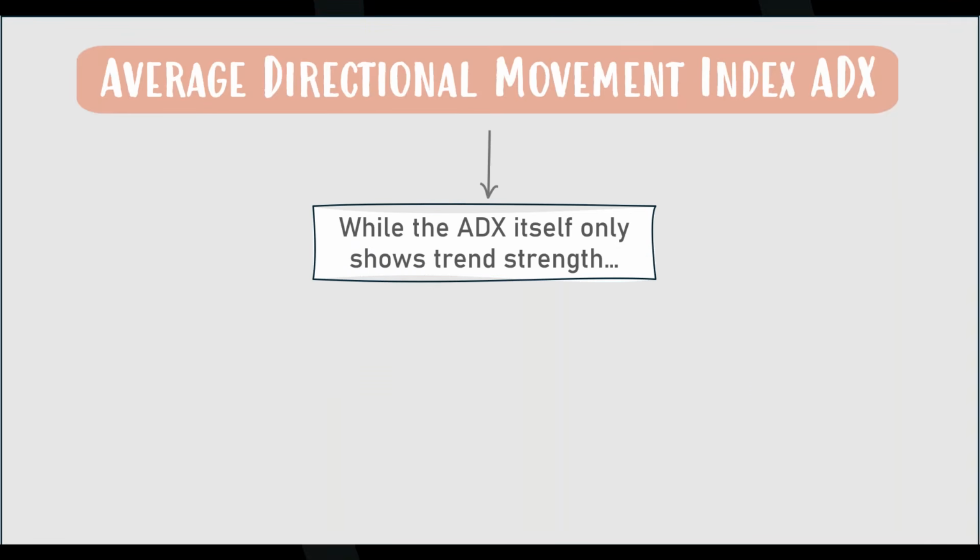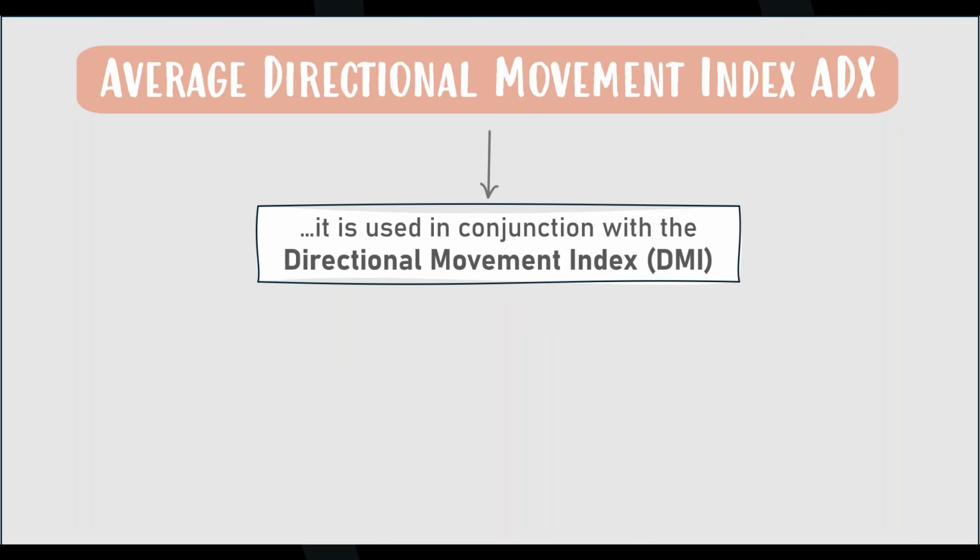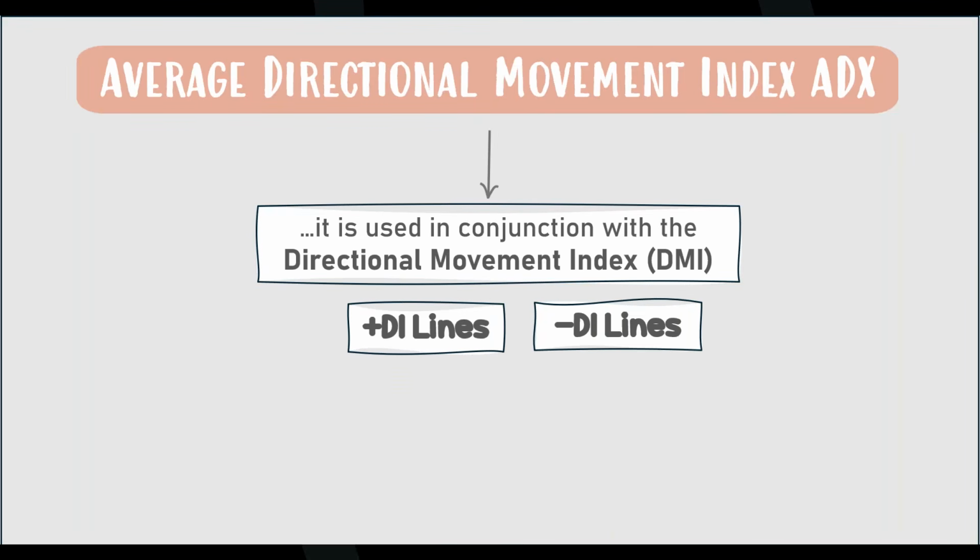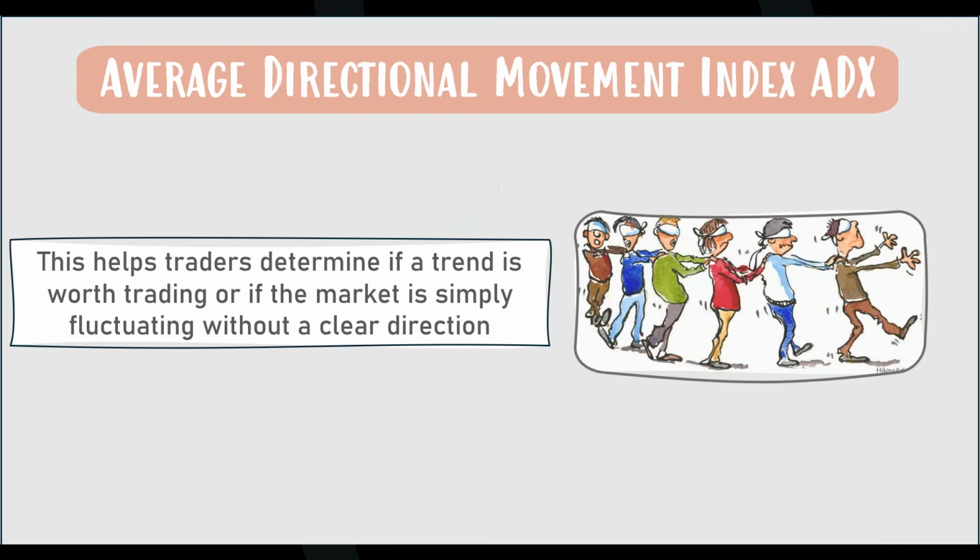So just know that the ADX line shows you the strength of the trend. When it's used in conjunction with the Directional Movement Index, which is the DMI line, that then gives you the buy and sell signals. On its own, it's just telling you whether this trend is strong or weak. And by that, you then get the DI lines, DI minus and DI plus.